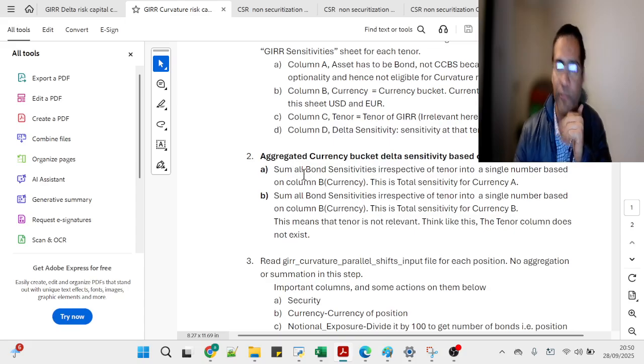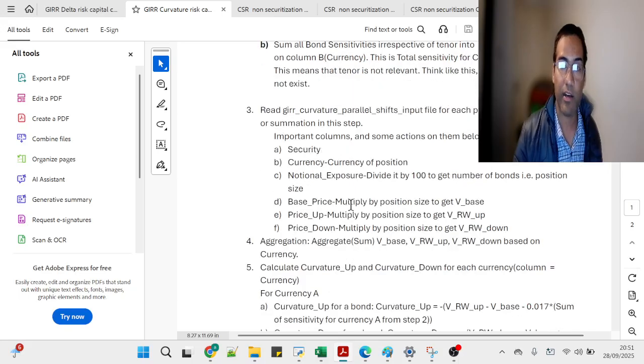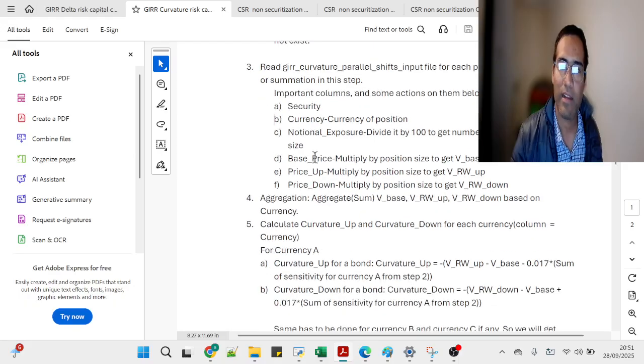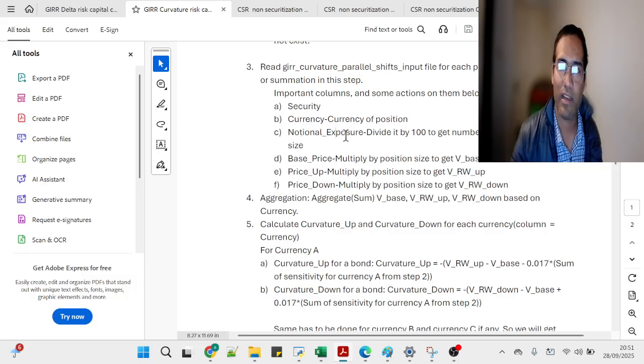So if we get the sensitivity for both currencies, the total sensitivities, then that parallel shift is important. Now you have to do the parallel shift, and then the currency notional.